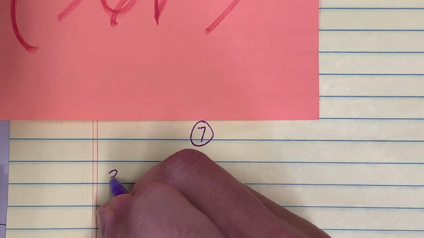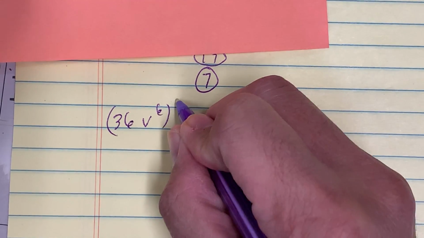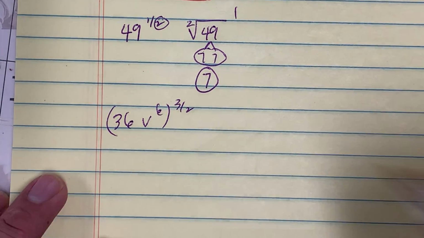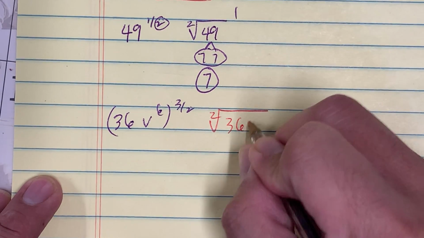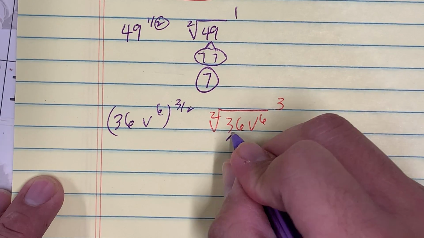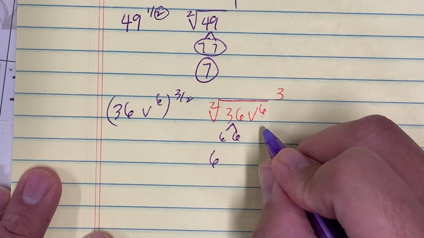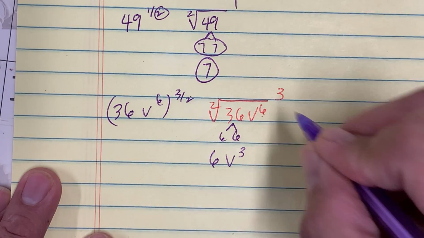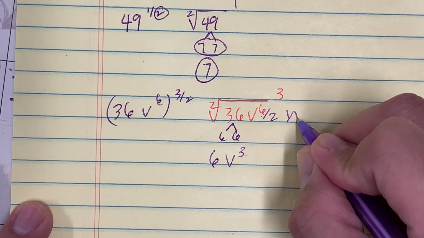Next here is 36 v6 raised to 3/2. Same thing. The index is 2, so square root, imaginary 2 there, 36 v6 to the third power. You know that 6 times 6 is 36, so that will give you a 6. v6 will have v to the third, because you divide by 2, that makes it 3.